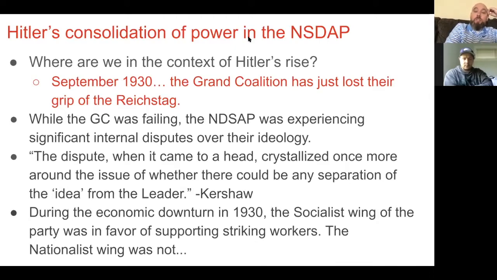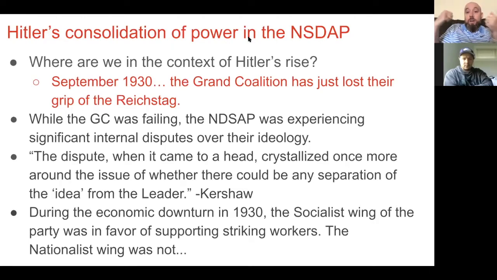And Strasser, the leader of the socialist wing, was in favor of the party becoming centered on an ideology that was similar to socialism, where support of unionized workers would be a central tenet. The defense of the small man was a centralized tenet. But basically, the fight against big business was what Strasser wanted the party to be. And then the leader was supposed to move to that ideology.